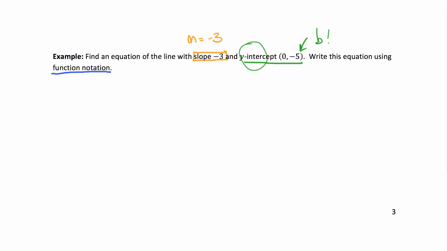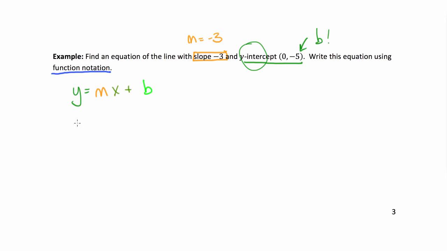So I can go straight to my equation, my slope-intercept form, y equals mx plus b. And I have everything I need.